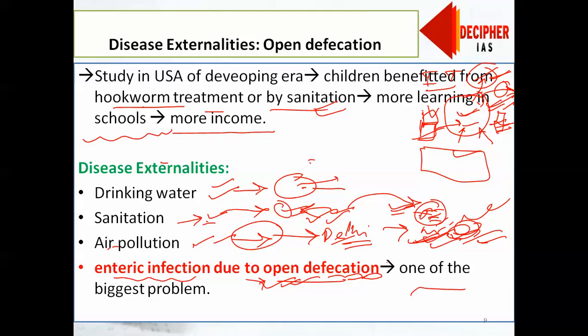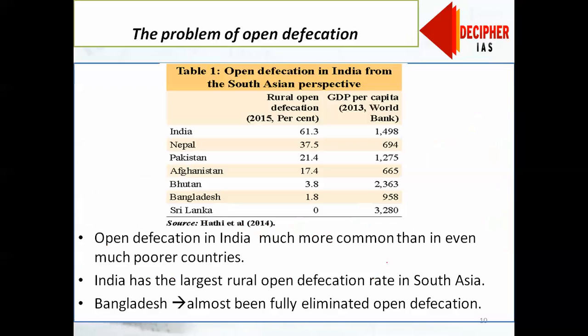Now in India, one significant and internationally unique source of early life disease is open defecation, and this happens mostly in the rural areas of India. Approximately 68% of India is rural. Now see the grave problem of open defecation in India.